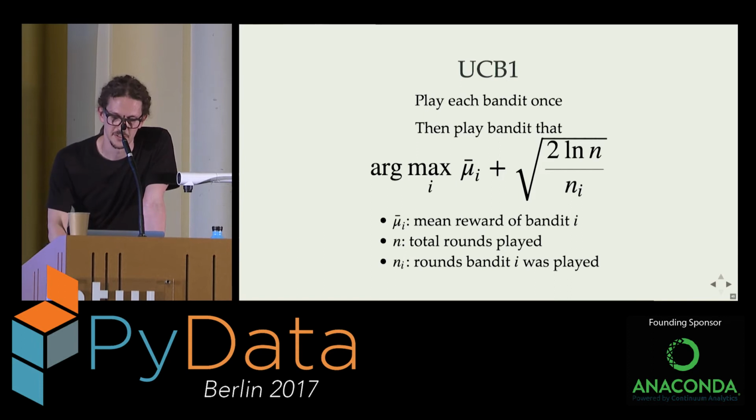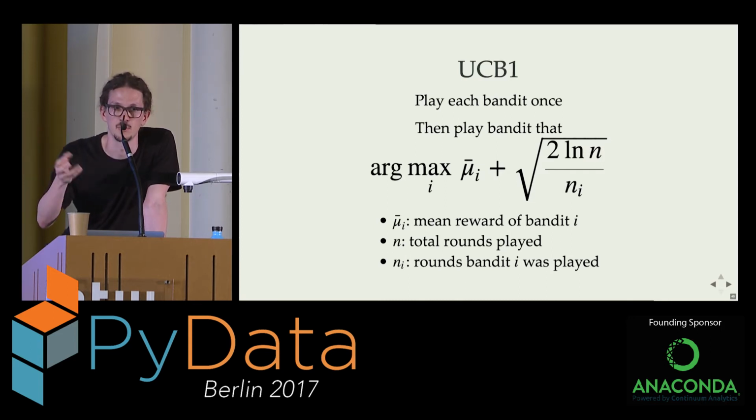Looks complicated, but it isn't. Forget the square root, forget the 2, forget the log. What you basically have is n divided by n_i. And n is the total number we played, divided by the number we played a certain bandit. So if we played, as I explained before, 100 rounds in total, but only played this one bandit once, we have 100 divided by 1.